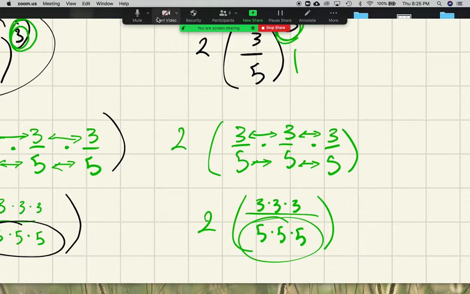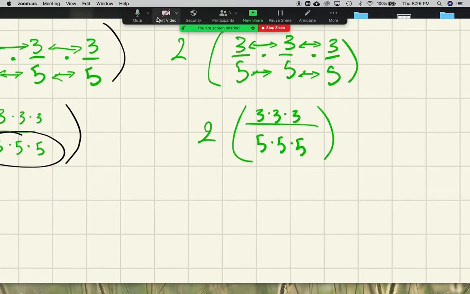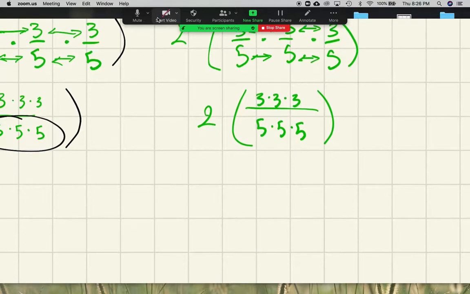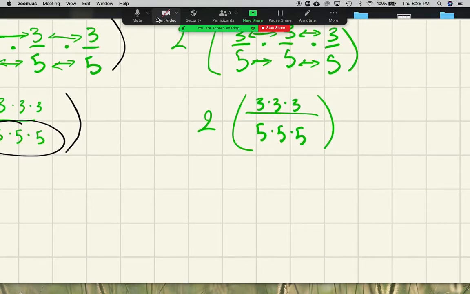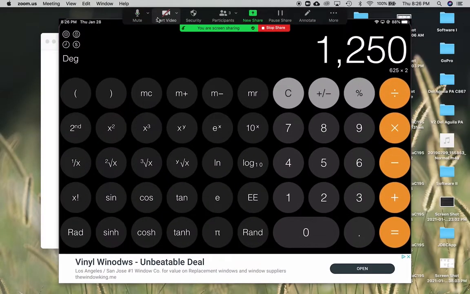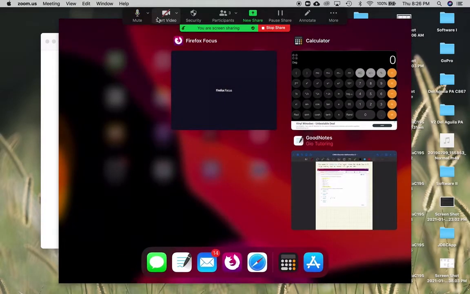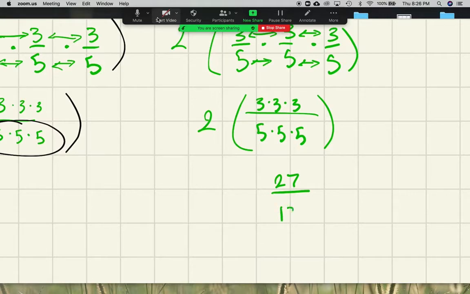How would you break down the whole question itself? Like, the answer. So once you do 3 times 3 would be 9, and then 27 would be up top, right? Yeah. And then the bottom, you still have to do that. So 5 times 5 would be 25, times 5 is 125. And then there's a 2 out in front.